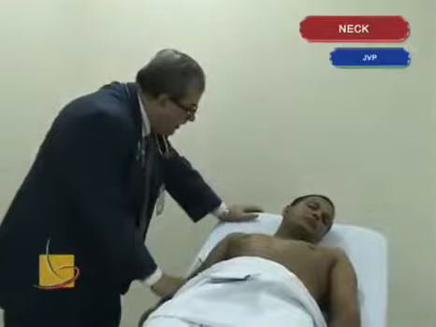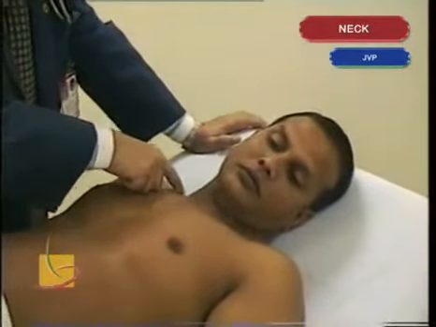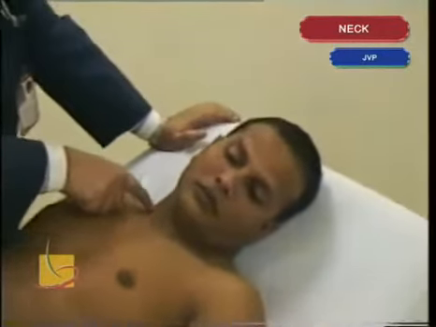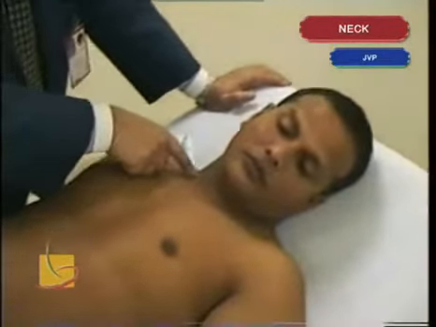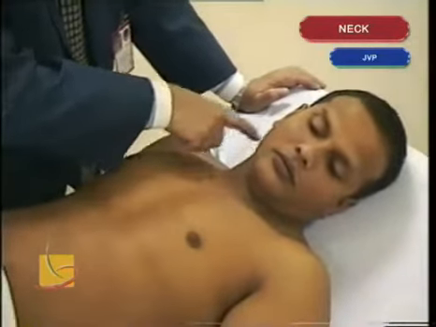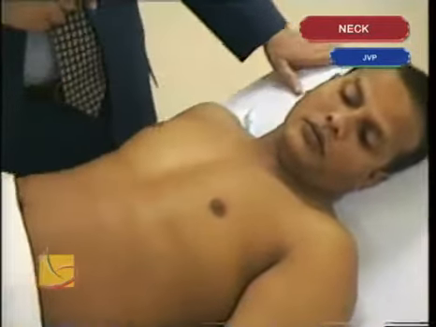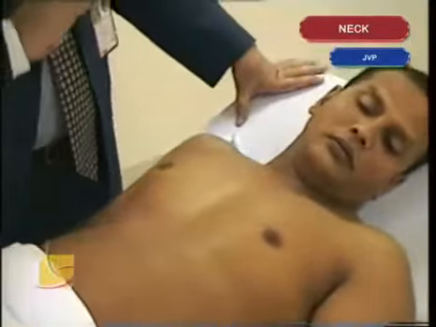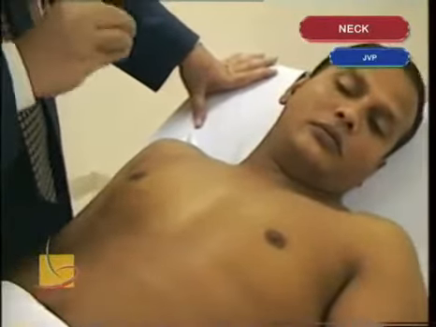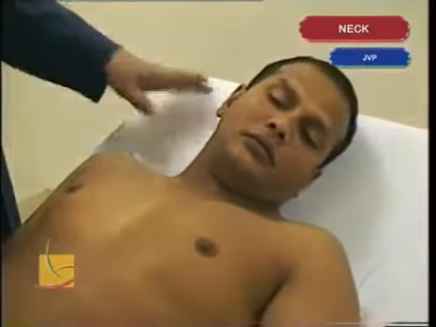And I look at the area between the two heads of sternocleidomastoid muscle to see if there is pulsation there or not. If there is pulsation there, then I look at the lateral border of sternocleidomastoid muscle. If there is pulsation there, then it might be pulsation due to high pressure in the right internal jugular vein.